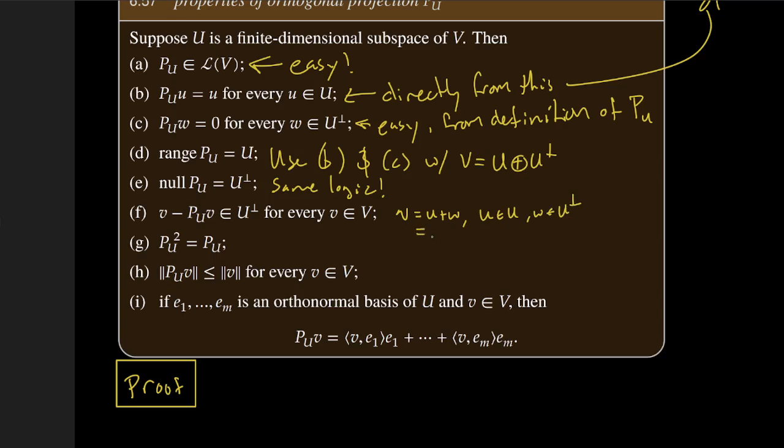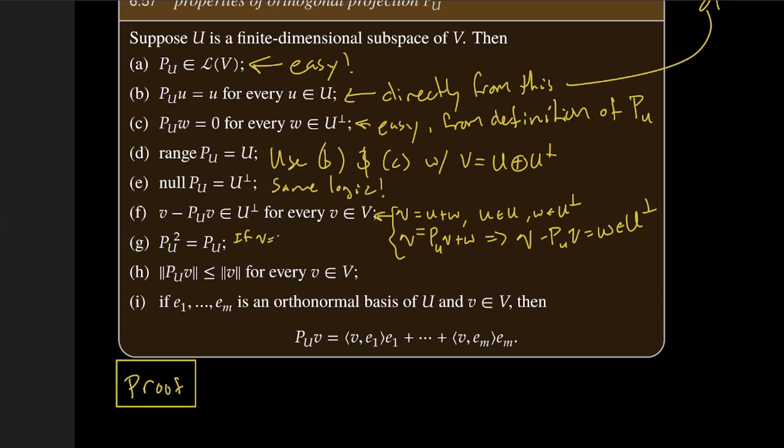But look, u is equal to P_U of v, so this says that v minus P_U of v is equal to w, which is in U perp. So this here is the logic for that one. Nothing crazy.